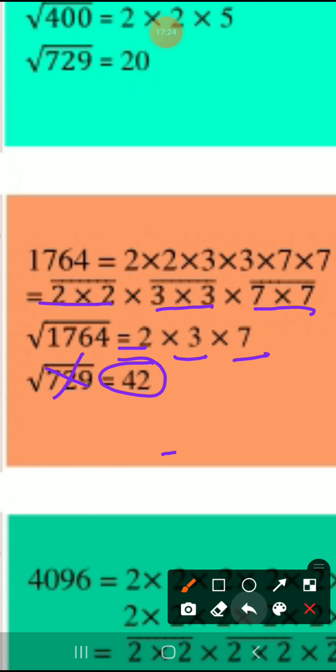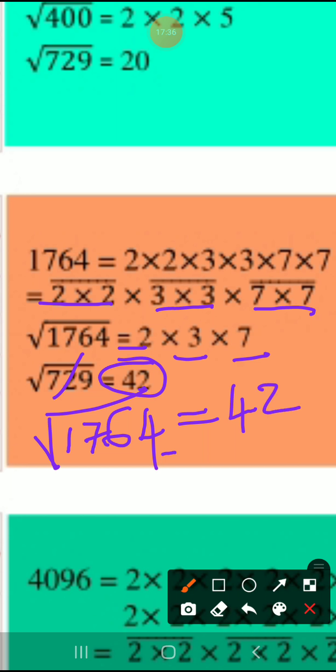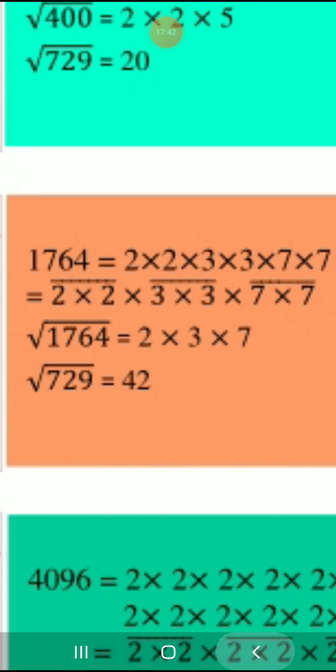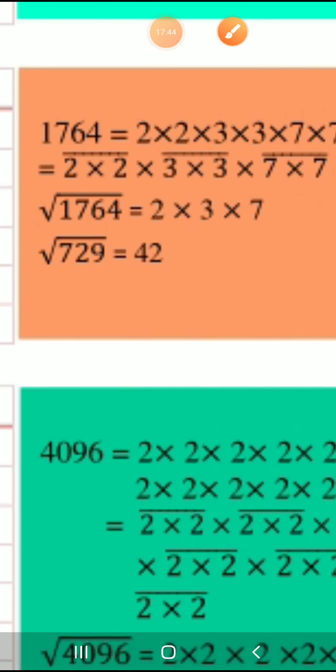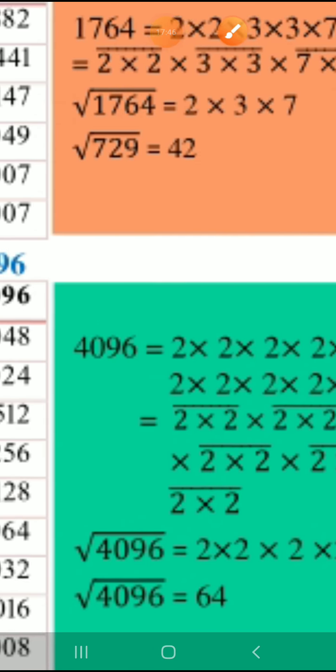Then we can write the final answer as square root of 1764 is equal to 42. Okay, final answer 42. How does 42 come? 2 3s are 6, 6 7s are 42. Got it? I hope you understand.